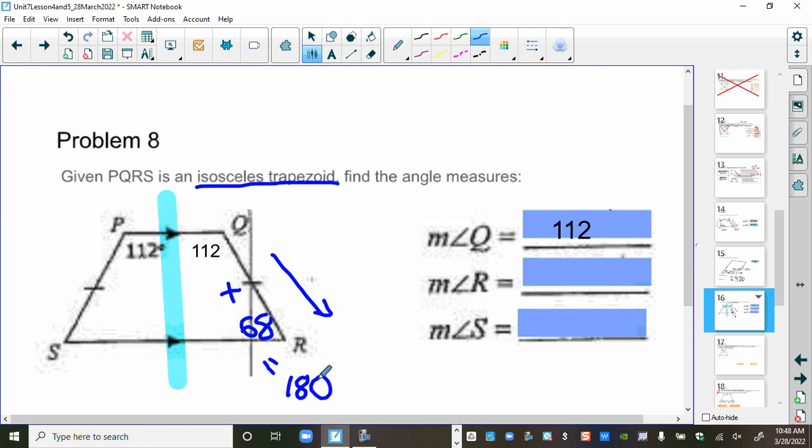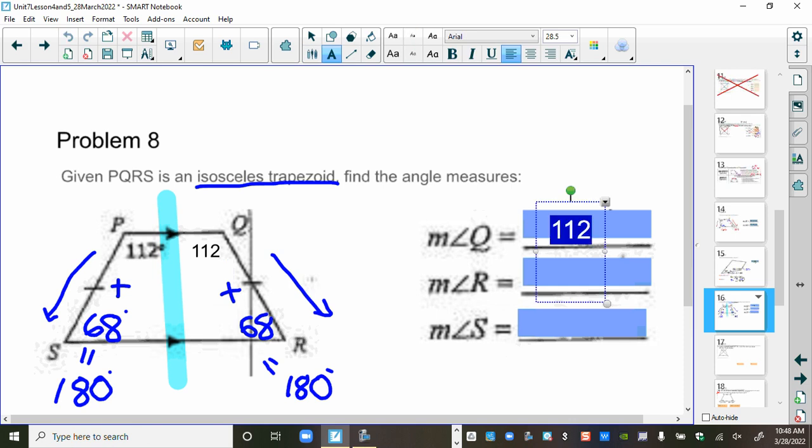Or depending on the direction, if we did a quarter turn clockwise, then it would be going left to right. But I'm going to make it as fair as possible. So therefore, both angle R and angle S are going to be how many degrees? 68. That's all you had to do for that problem.